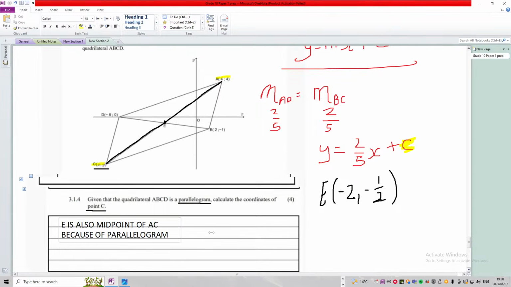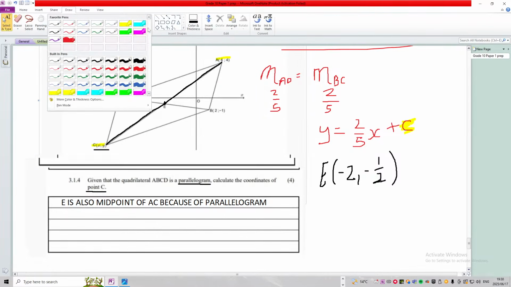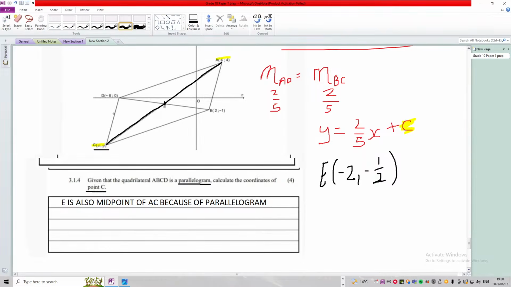You see that? That is very critical to find the coordinates of C, because that is the midpoint.